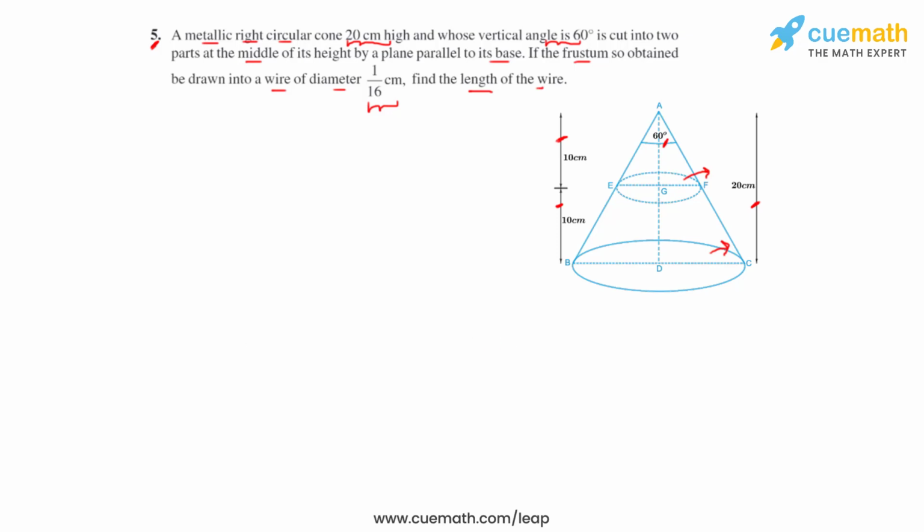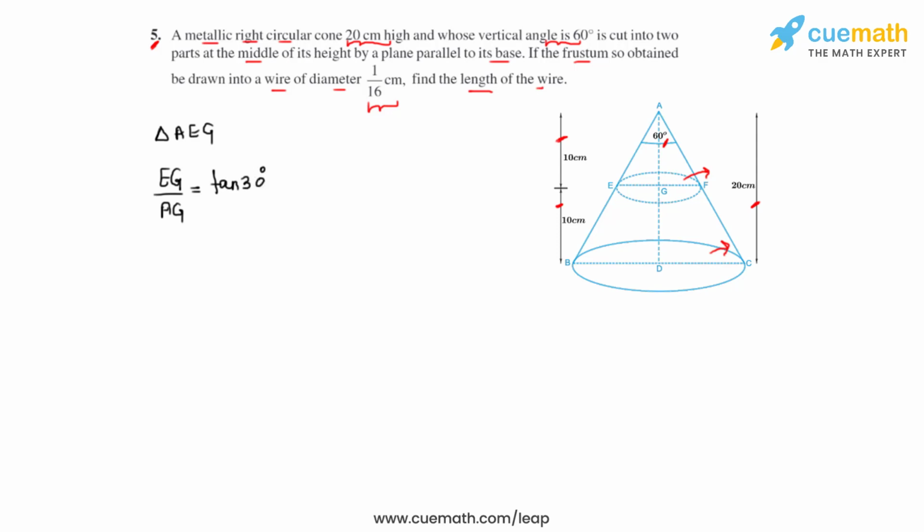Now, we have to find the radius of the upper circular end and the lower circular end of the frustum. For that, we first focus on the triangle AEG, and here we take the ratio of the sides EG and AG. So EG by AG gives us the trigonometric ratio tan 30 degrees.